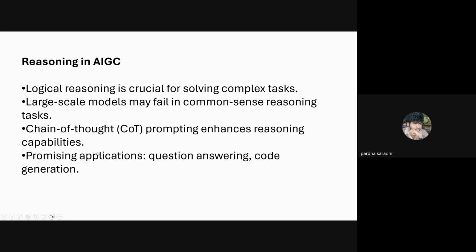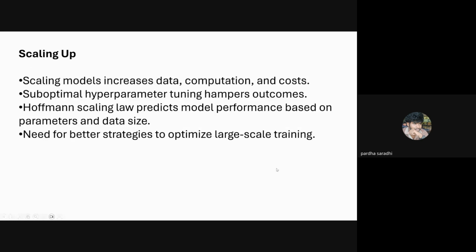And then the promising applications are question and answers and code generation in this domain. And there is a very good business in scaling up. Scaling models increases data, computation and costs, and sometimes dealing with bigger systems may not be good, because too much hyperparameter tuning needs to be done. So suboptimal systems and subsystems are kind of good in Gen AI right now.